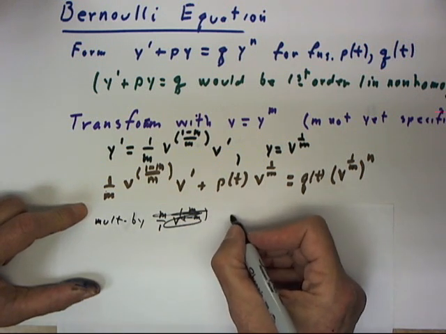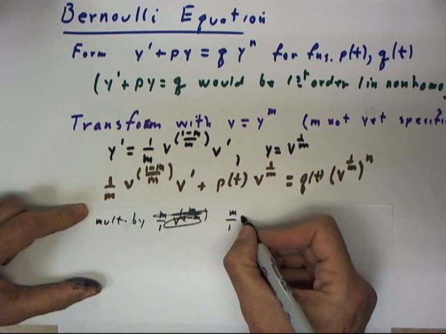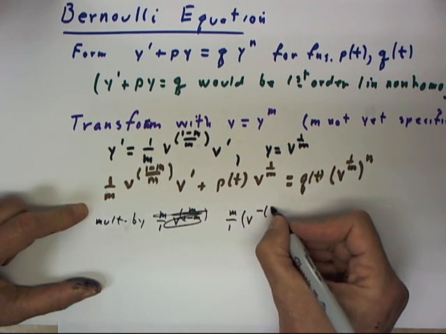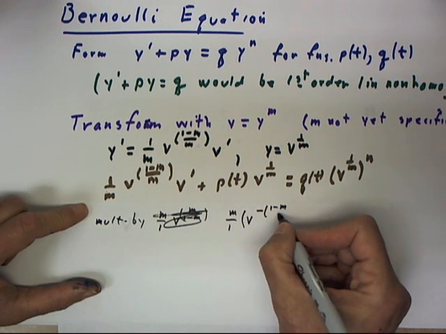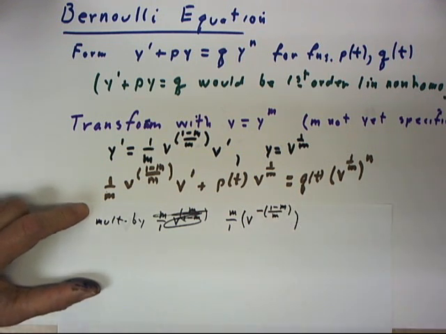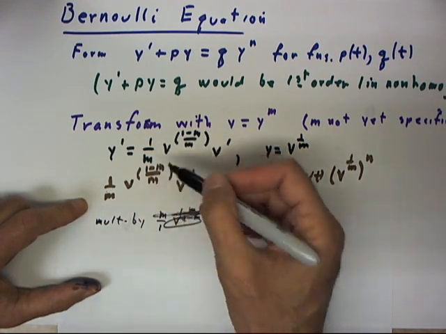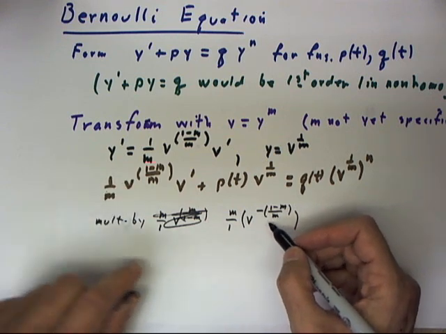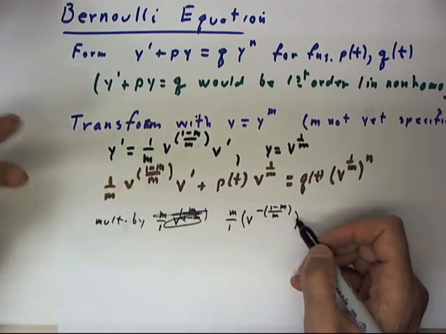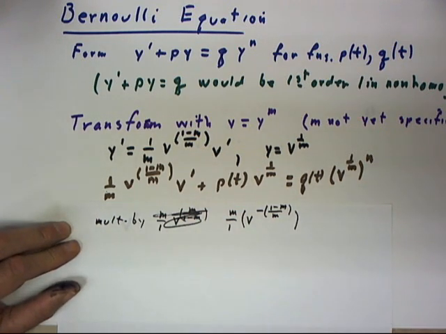Okay, we multiply by what? M over 1 times v to the negative of 1 minus m over m. Okay, we don't take the reciprocal power, we take the negative of the power. If we multiply this by this, we get v to the 0, the v goes away, and of course the m goes away.